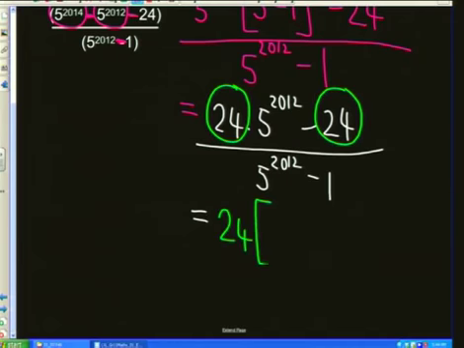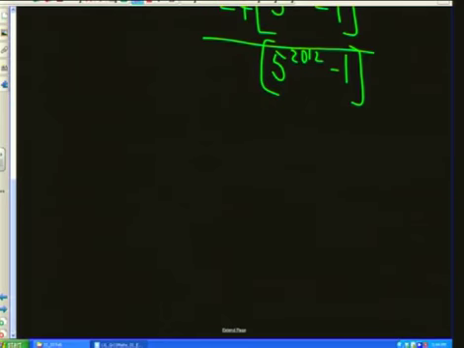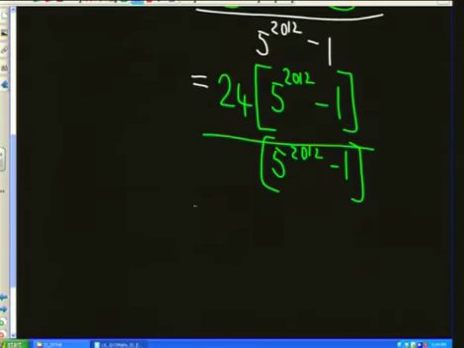What am I left with? 5 to the power of 2012 minus 1, divided by 5 to the power of 2012 minus 1. Now I have this complex factor, this bracket, that I can divide into the numerator. And what am I left with? If I divide that bracket into that bracket, I don't need my calculator. I've used algebra, and I'm able to get a final answer of 24.